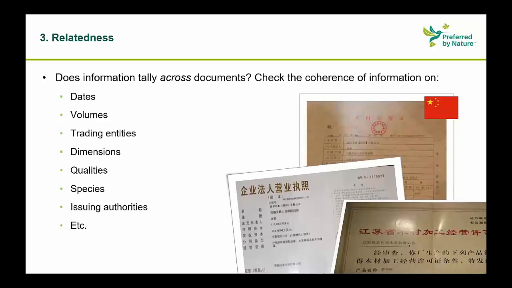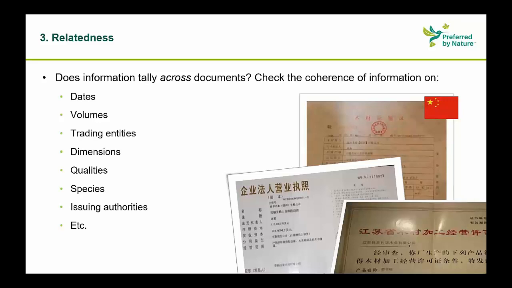The idea is to keep an eye open for things that would be really off, to verify that information tallies across documents and that everything is coherent, right? So the dates between the documents, if there are different steps, it's good to check that the dates align, in terms of harvesting the timber, transporting the timber, transforming the timber.